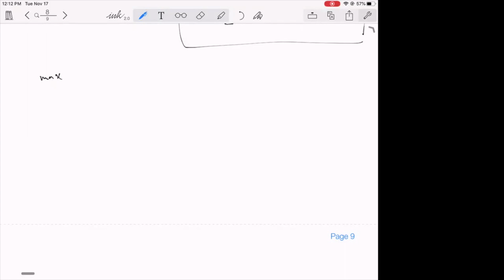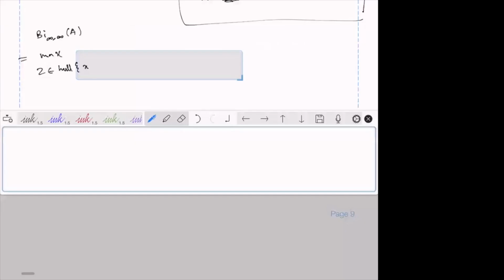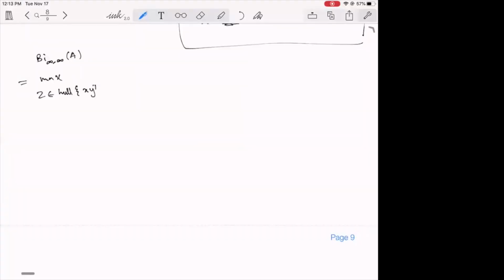We can rewrite the bilinear maximum, infinity comma infinity norm of A, just because it's linear function maximization, as the maximum of A inner product Z over Z in the hull of xy transpose such that x, y are in the hypercube.